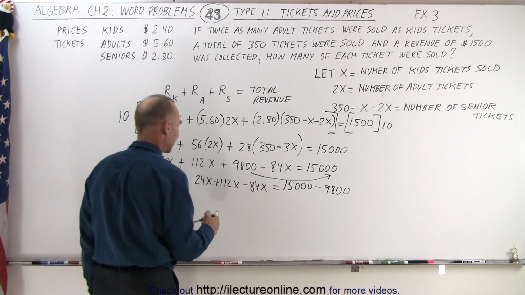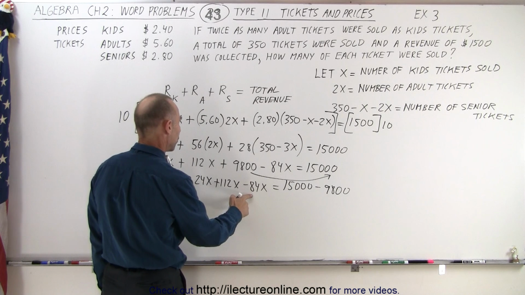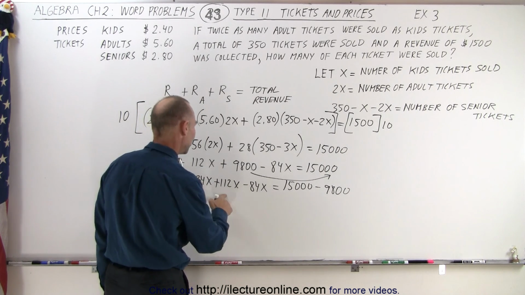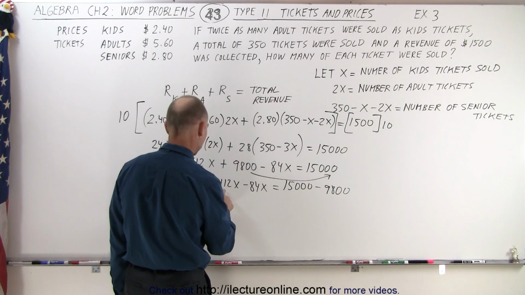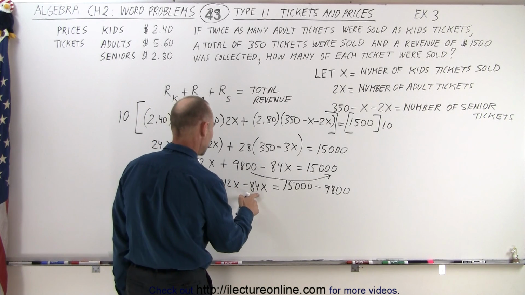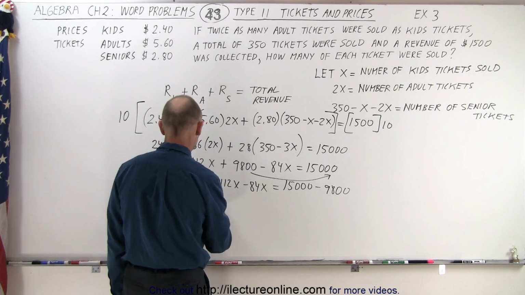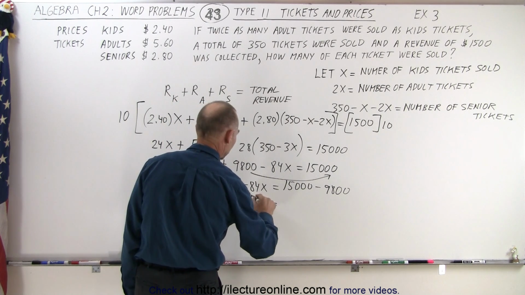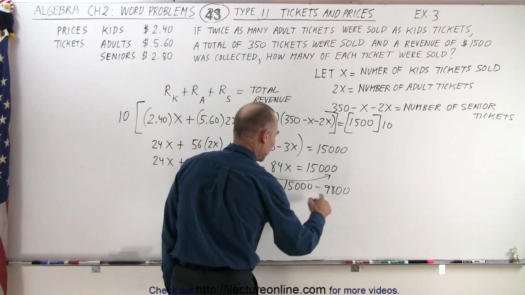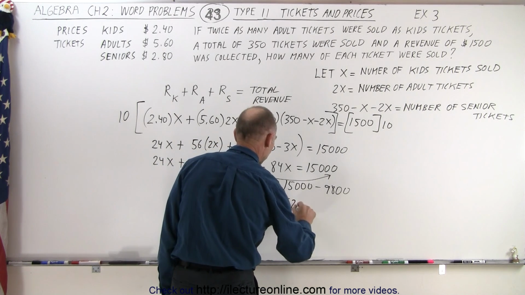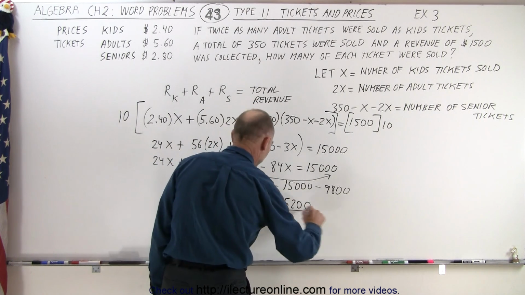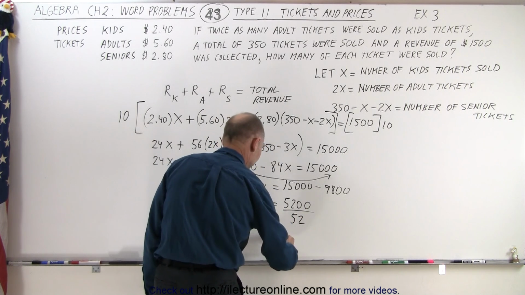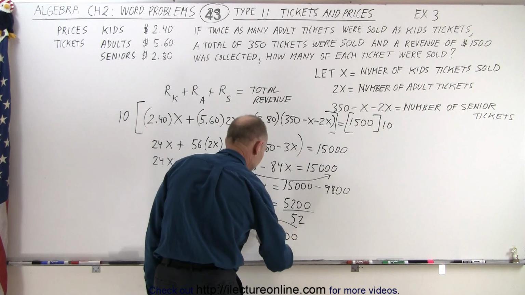All right, combining like terms: 12 plus 16 is 28, 32, 52x on the left side is equal to 15,000 minus 9,800, which is 5,200. Divide both sides by 52, and we get x is equal to 100 even.